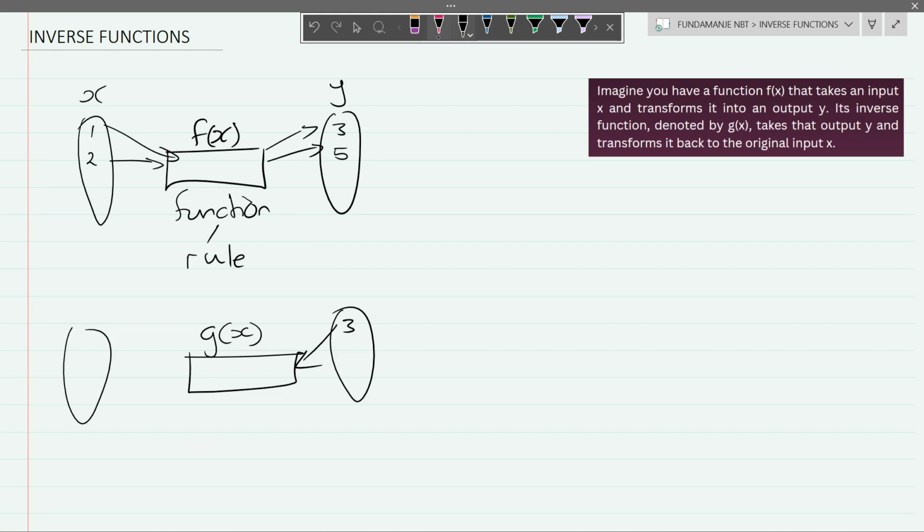So this takes 3, transforms it back into 1, like this. Takes in 5, transforms it, spits out 2. So what kind of function is this? This whole process of converting f of x into g of x is called finding the inverse function.